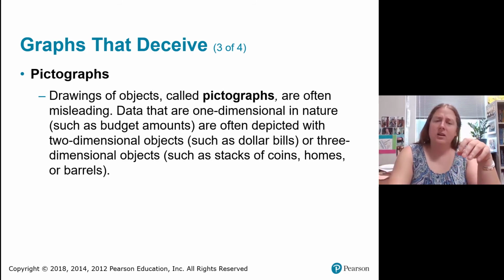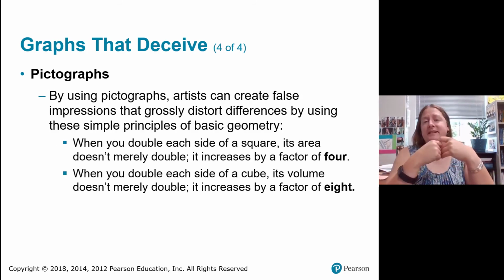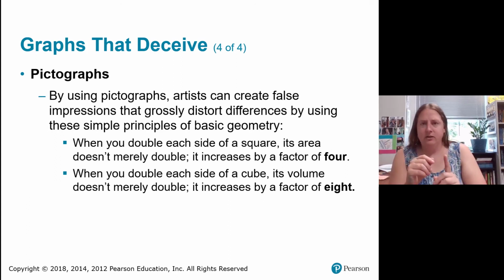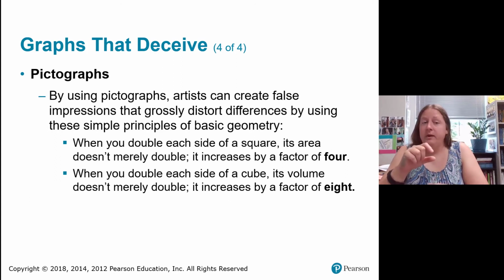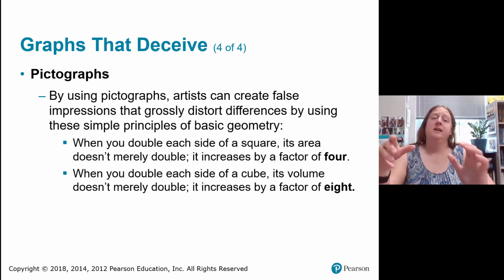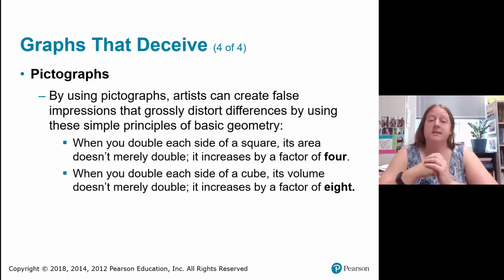The problem with this is that usually your data is a single value, making it one-dimensional. And the things that you use for pictures are usually 2- or 3-dimensional. Whenever you double the length of a side of a square, you're actually making the area 4 times what it was.